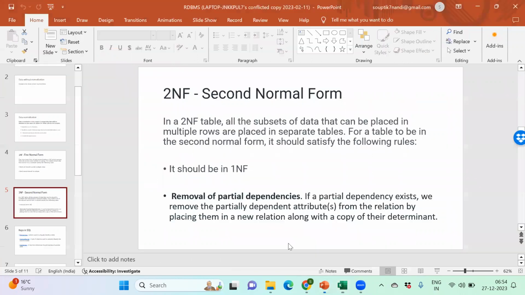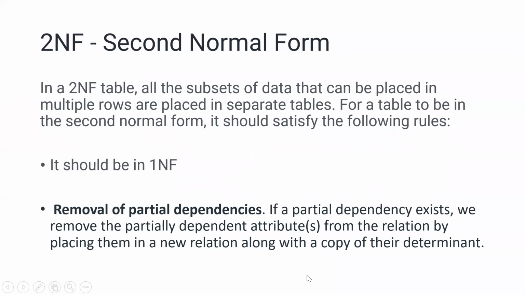Now we need to go ahead with second normal form. For the second normal form, the important aspect is we need to remove partial dependencies. The first criterion is that the data should always be in first normal form.